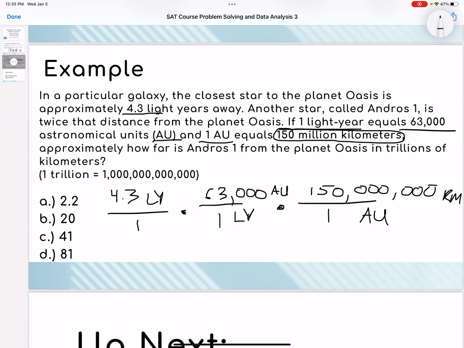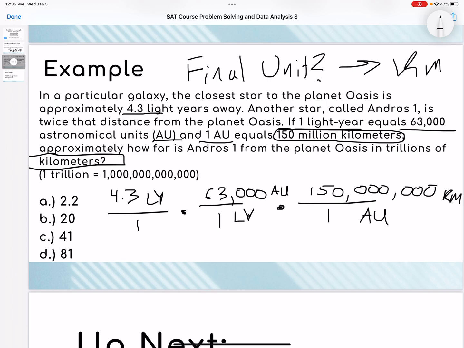And what is the final unit? The answer is kilometers. So this one should get us to kilometers, because kilometers is the last one left in the numerator. Light years will cancel, AU will cancel, and then we'll be left with those kilometers.